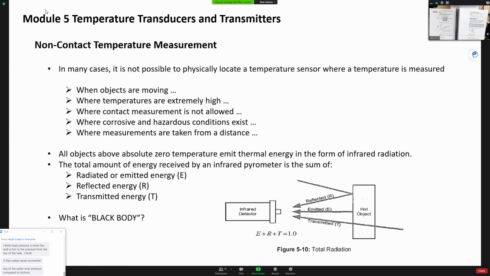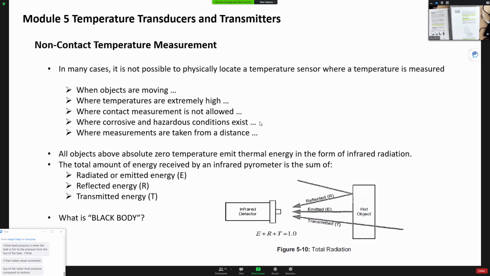So that's where we talk about non-contact temperature measurement. The non-contact temperature measurement is, they give you a bunch of reasons why you cannot be touching it. Like those are the reasons.